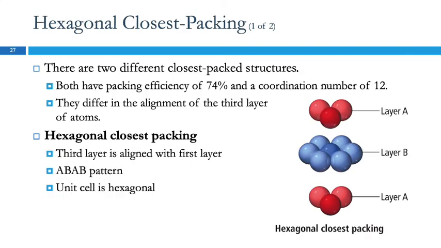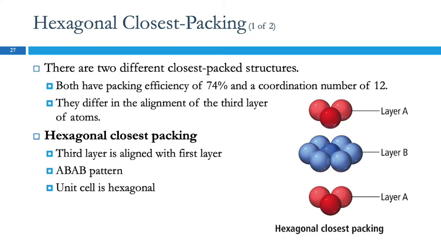So there are 2 ways you can stack these sorts of layers. They have the same packing efficiency and the same coordination number. They're just a little different in how the 3rd layer is aligned. In what's called hexagonal closest packing, you have layer A and layer B, and then the 3rd layer lines up directly with layer A. So we have an AB pattern.